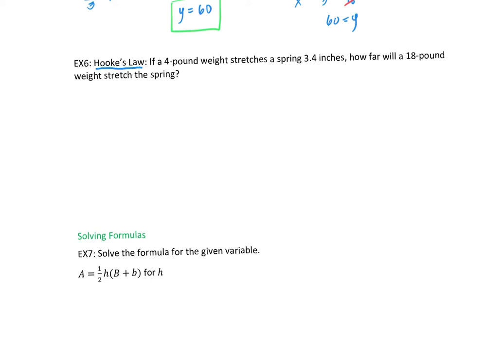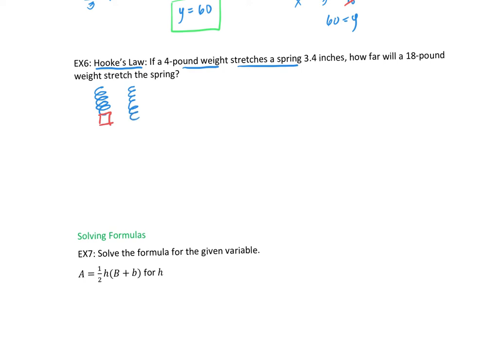So Hooke's law is actually comparing how a spring stretches to the weight that's attached to it. So if you have a spring and you attach a weight to the bottom of it, how far will that spring stretch?